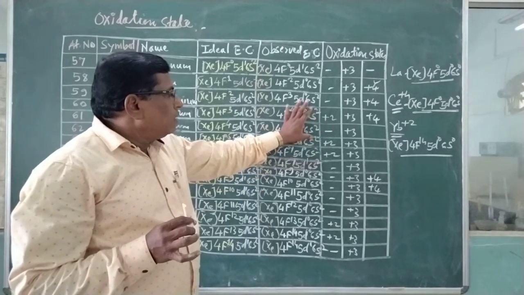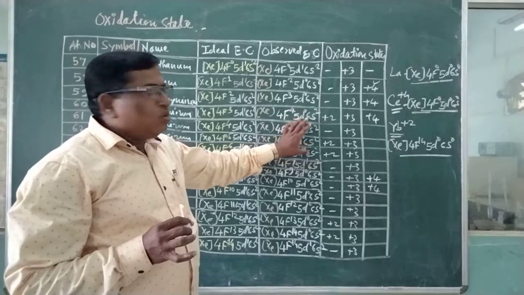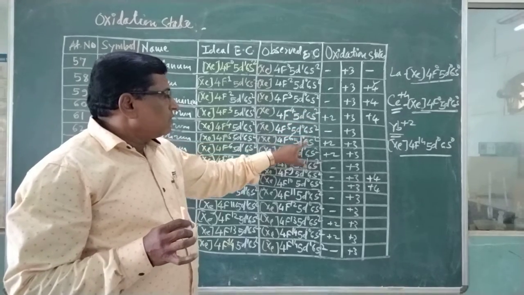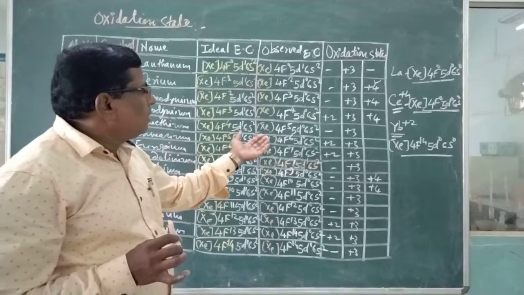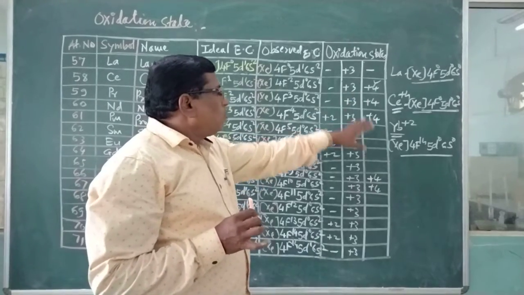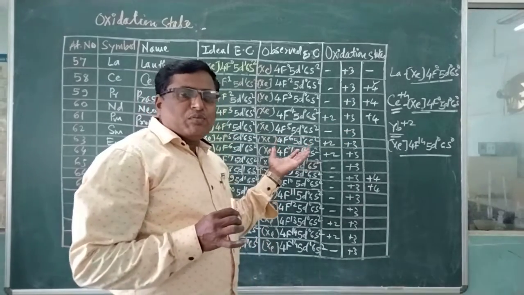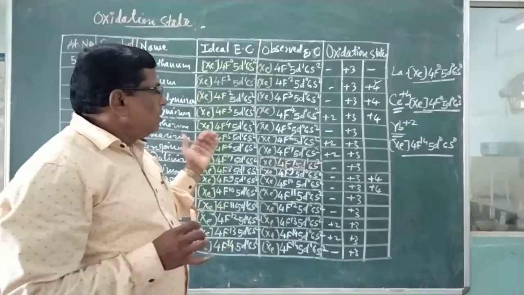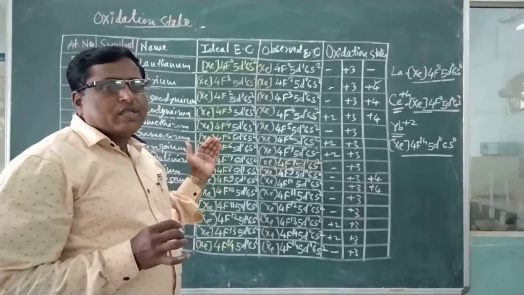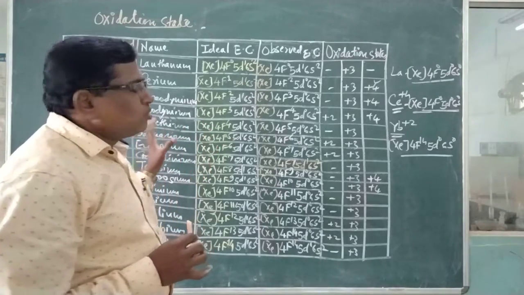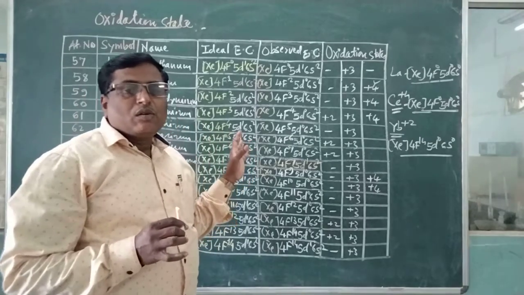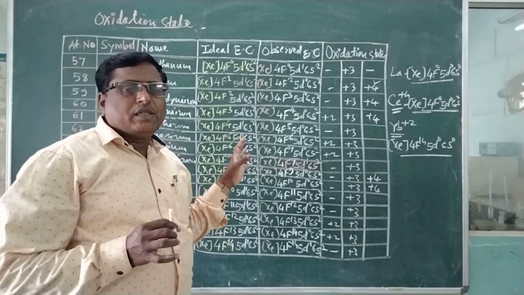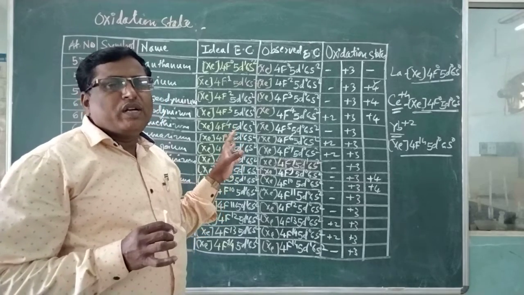Plus 2 is obtained by removal of 2 electrons from the 6s orbital, and for plus 4, 2 more electrons are removed from the d and f orbitals. The common oxidation state is plus 3, and the extra ones are plus 2 and plus 4.